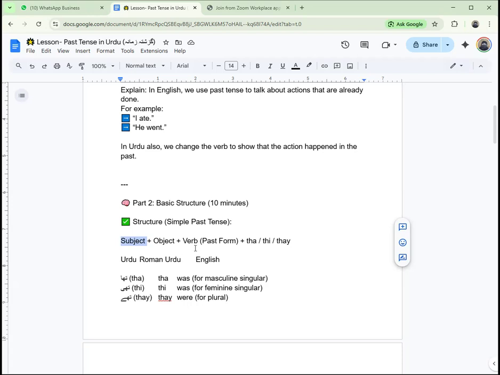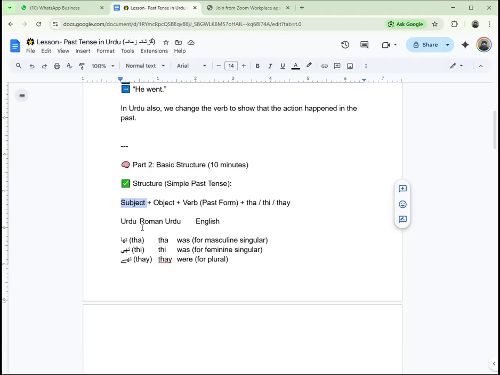The third word is the verb, or action word, and on the fourth place we use tha, thi, or the, and in some cases maybe the rule breaks. I will explain that in a later lesson, inshallah.